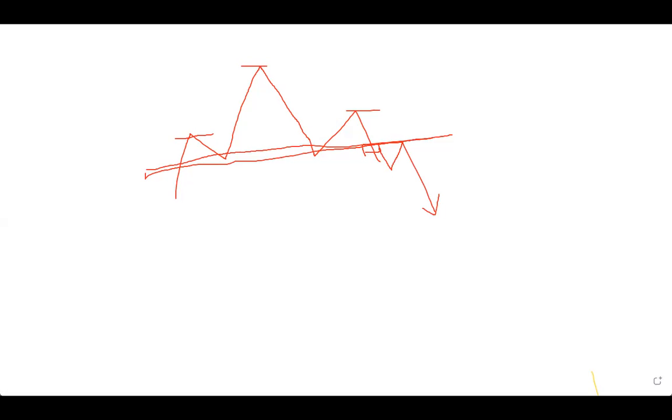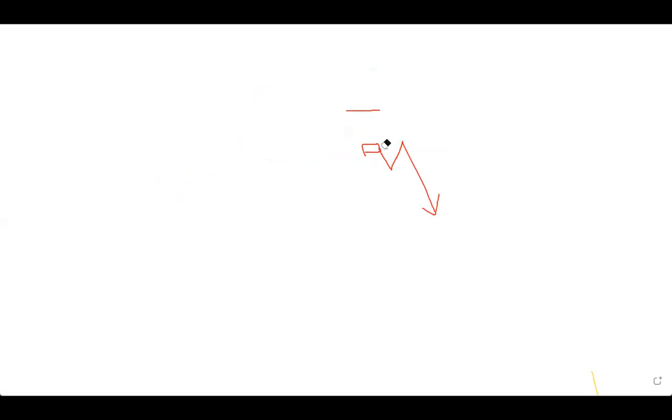So a flag basically is a pattern that looks like this on your chart. You are in an uptrend market, and a flag that you get in an uptrend market faces down. It leaves a high and a low, and it continues going up.